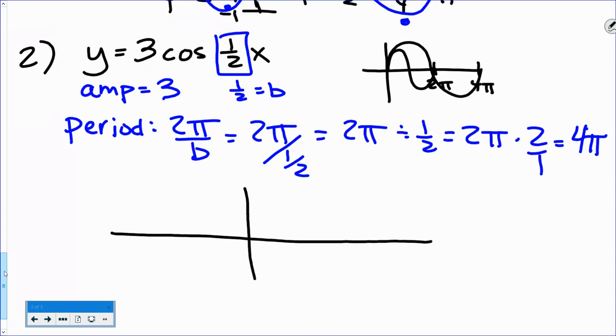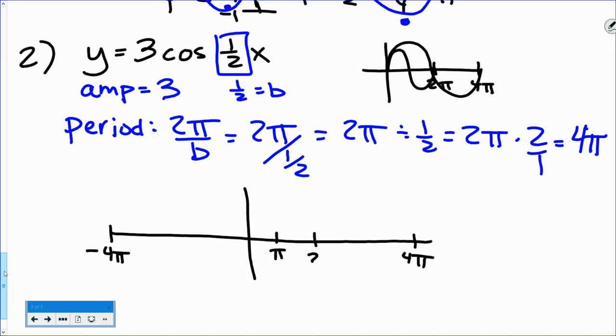Okay, so 4 pi is where my cycle ends, and -4 pi. Every time we're cutting this into 4 equal parts across the x-axis on the right side and on the left side. So if I have 4 pi and I'm cutting it into fourths, I'm going by a scale of 1 pi.